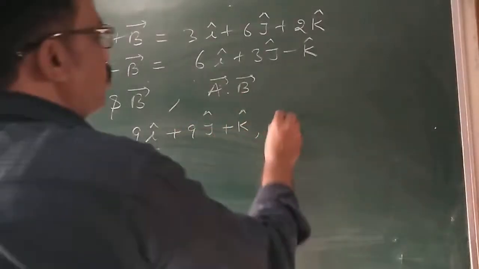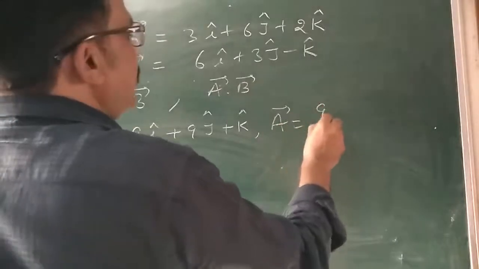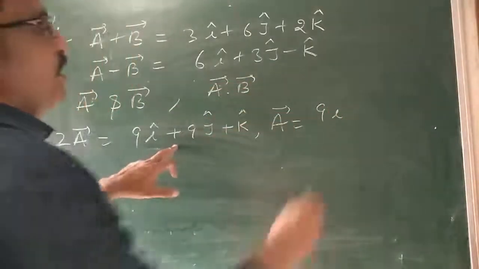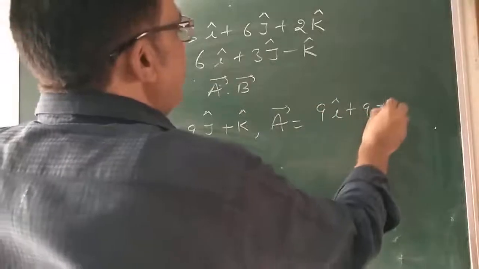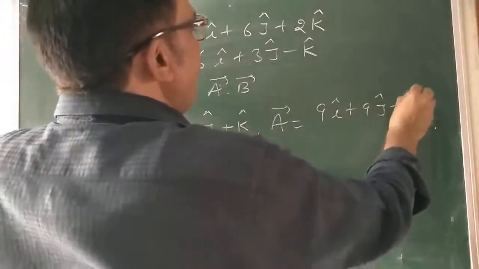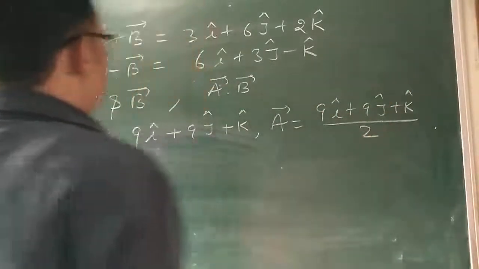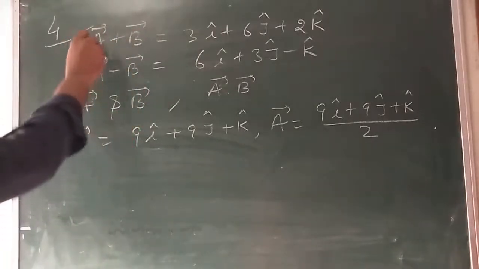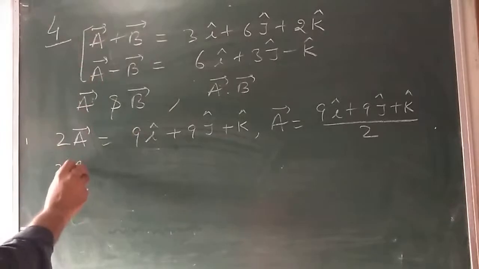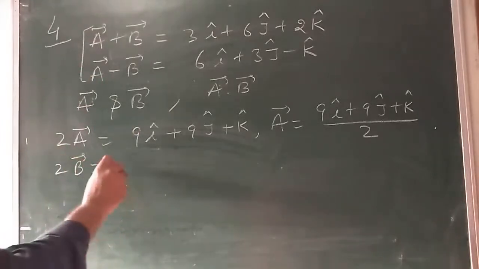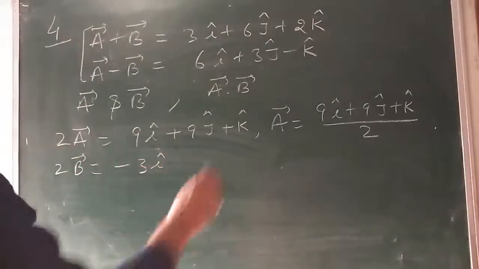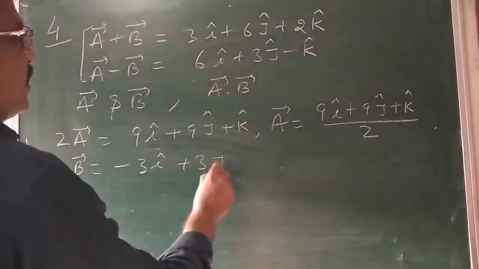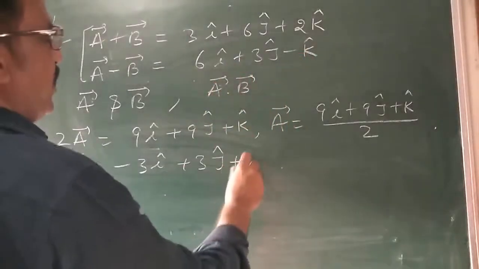So A comes out to be 9i plus 9j plus k divided by 2 here. This is the value of A. Similarly, you subtract it. Both, this is cancelled. This is 2B. When you subtract, minus 3i plus 3j and here plus 3k.